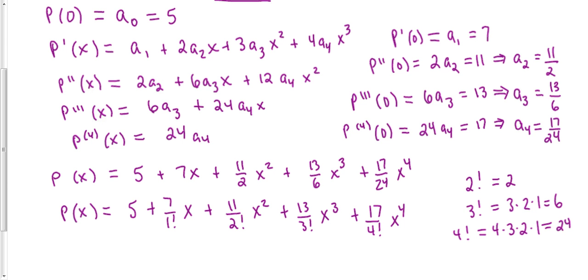And what you should notice is that the factorial in all of these denominators agrees with the power of the x. And what you need to notice even more interestingly is that the coefficients that are here are all equal to the value of that order derivative evaluated at 0. So for instance, this 13 here is actually the value of the third order derivative when evaluated at 0.